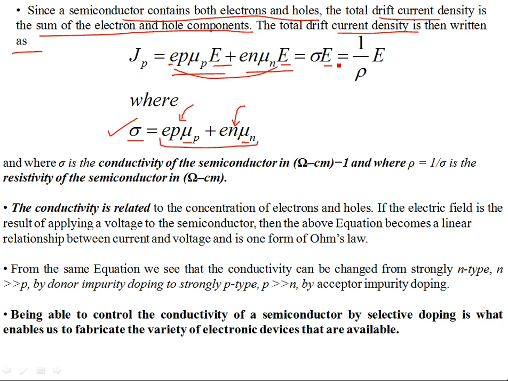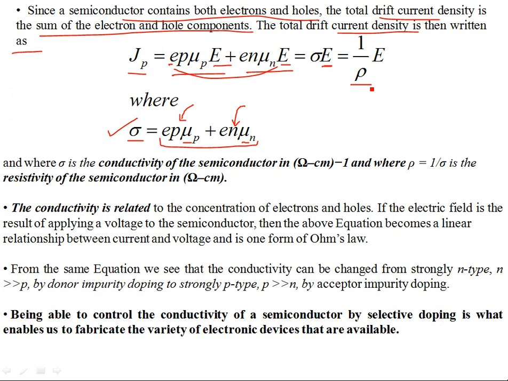So that's the conductivity. And what you can see over here is that the current density comes out as a linear relationship with the applied electric field, and this conductivity is related to the resistivity of the material, rho.